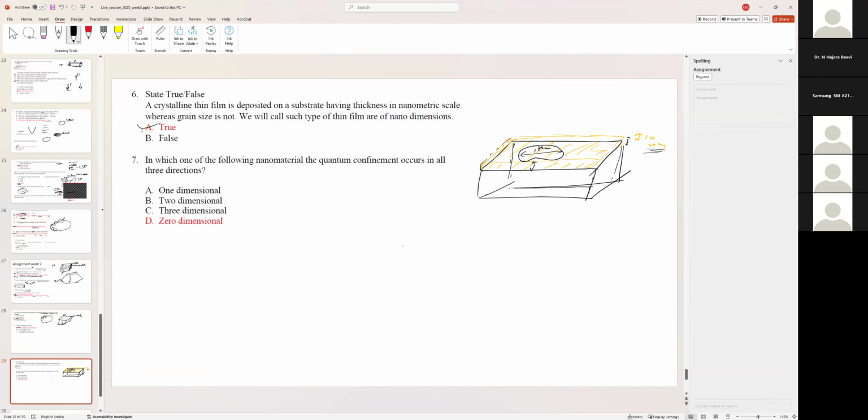In which one of the following nanomaterials does quantum confinement occur in all three dimensions? So for quantum confinement to happen in all three dimensions, all three dimensions should be in nanometer scale.